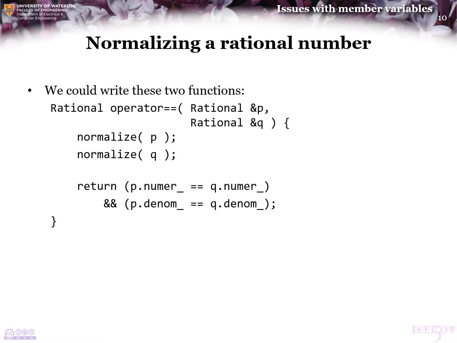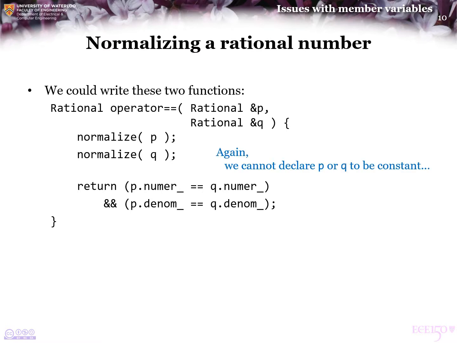Also, we could write the equals operator by first normalizing them and then simply comparing if the numerator and denominator are equal. But once again, this requires us to calculate two GCDs. And if the user was ensuring that rational numbers were always in normal form and not accidentally initializing a rational number with a non-normal form, we're still doing a lot of extra unnecessary work.